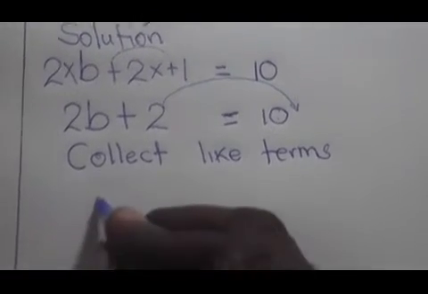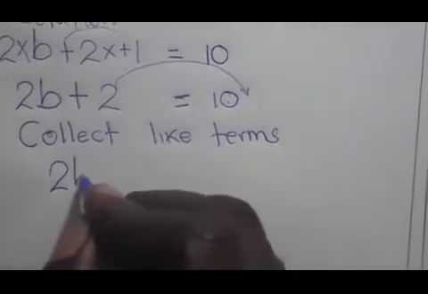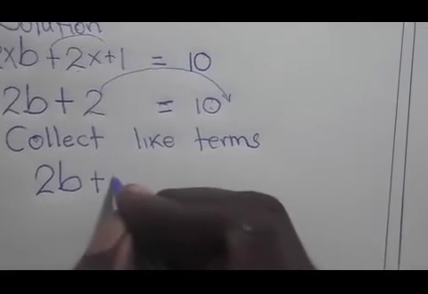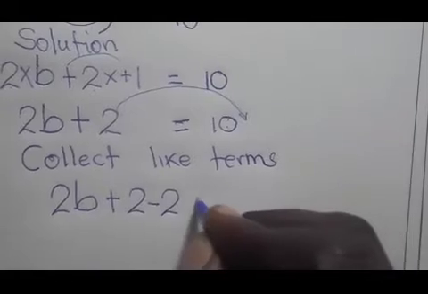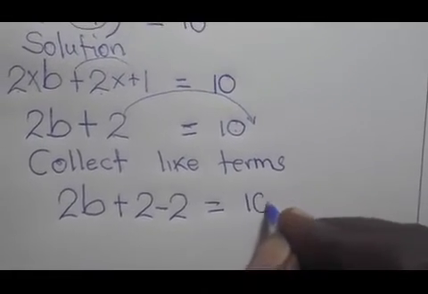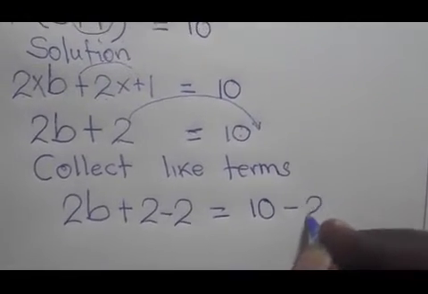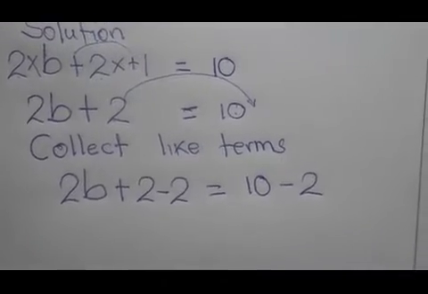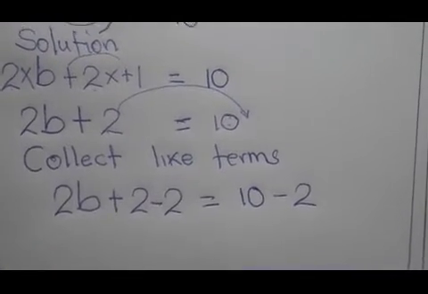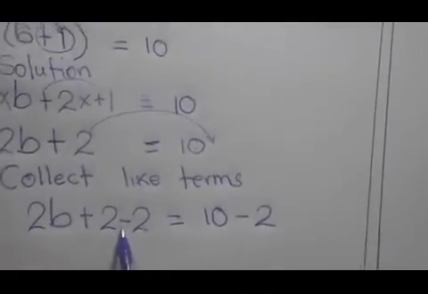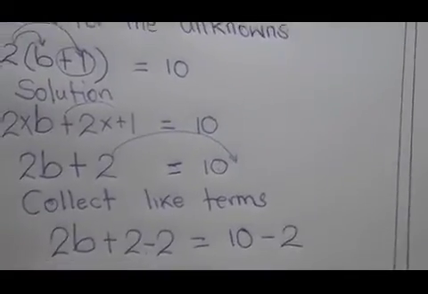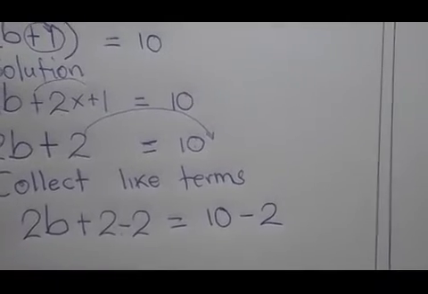So we shall have 2b plus 2 minus 2 equals 10 minus 2. I know you know this, that what we do on the right-hand side should be the same on the left. So we are subtracting 2 from both sides in order to collect like terms.